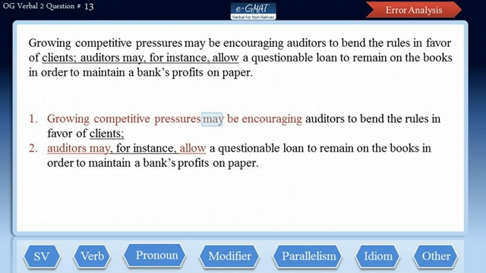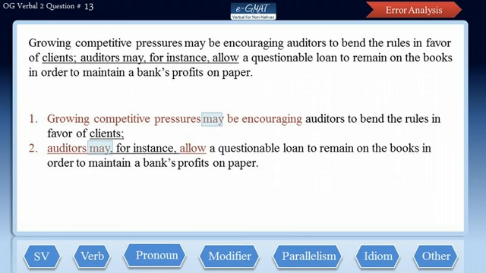Now, this sense of probability has also been retained in clause 2. Since clause 2 states the example of the situation in clause 1, it is logical to have may in clause 2 as well. Also, in the underlined portion, we do not have any modifier error, pronoun error, or idiom error. So the sentence is correct as is.